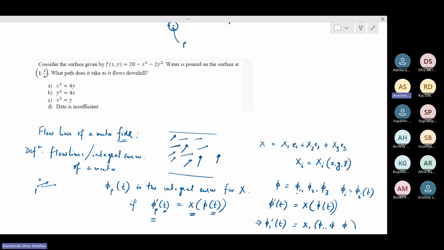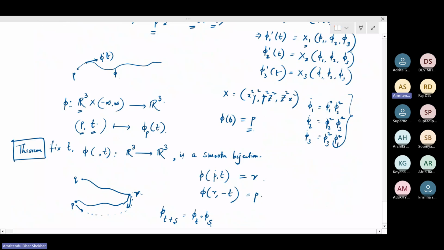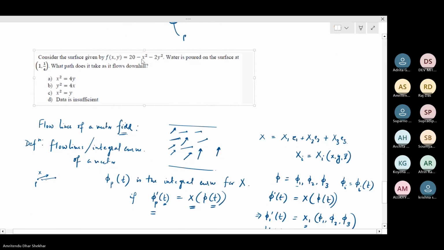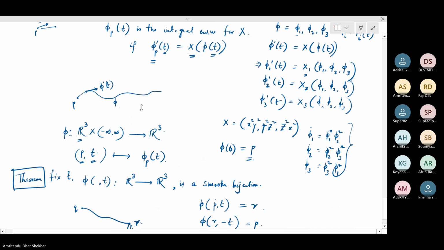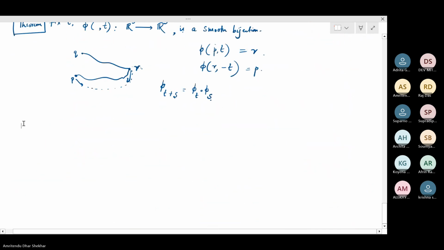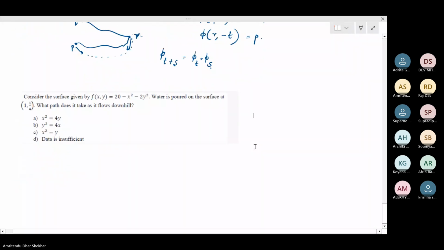I mean, the problem is not very clear about what it asks you to do. So it has given you a surface. Let me just copy the problem here. So you have a surface over here, but the surface is given by this function. So the surface over here is basically a graph of a function.